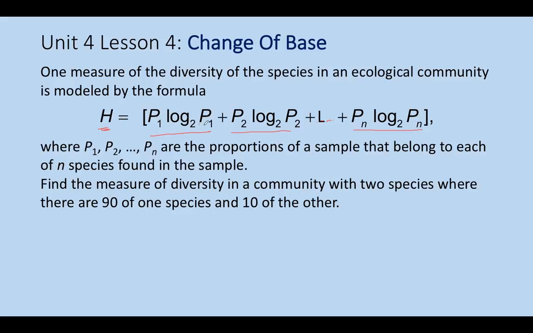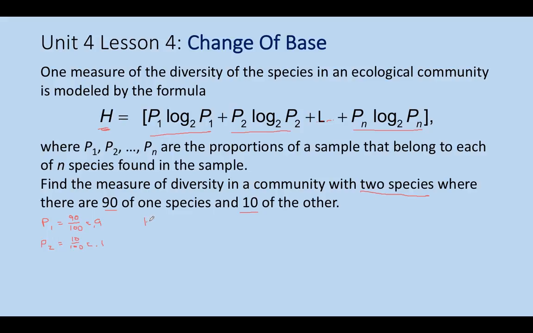And the P1s and the P2s, well, those are the proportions of the species. So if I've got two species and there's 90 of one and 10 of the other, that means that there's 100 individuals altogether. So we'll say P1, the first species, 90 out of 100, which would be 0.9. And then the second species, P2, it'd be 10 out of 100, or 0.1.